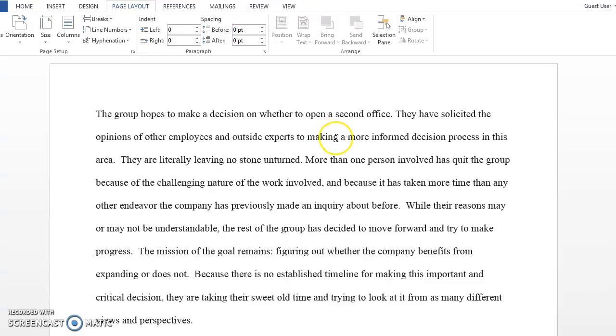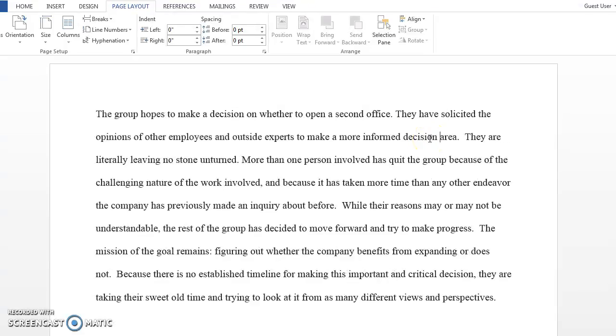To make a more informed decision process. How about just decision? In this area? Well, of course in this area. There we go. Already down to 150 words.